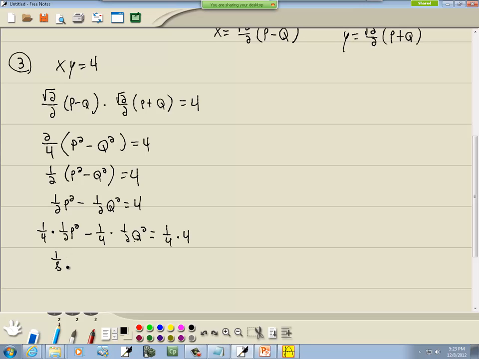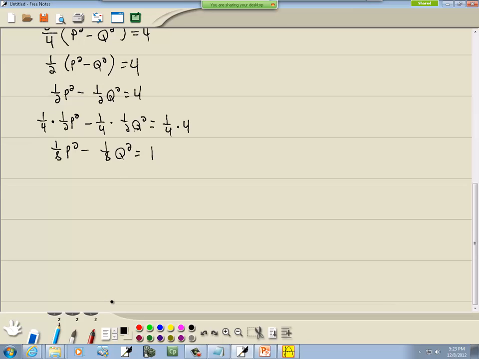So that gives us 1/8 p squared minus 1/8 q squared is equal to 1, which gives us p squared over 8 minus q squared over 8 equals 1.